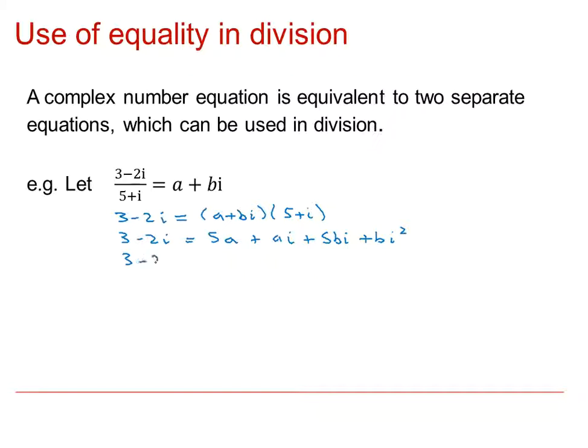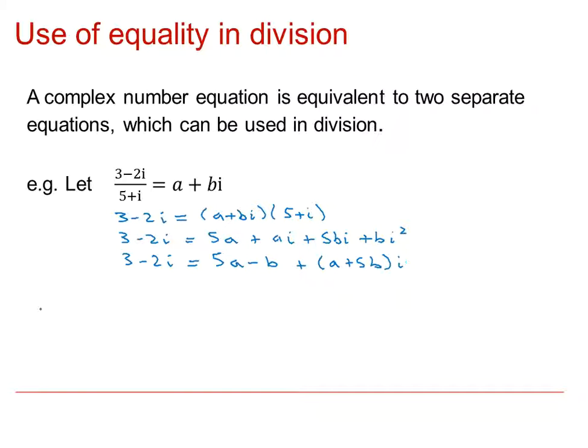So 3 minus 2i is the same as 5a plus ai plus 5bi, and bi squared is the same as b times minus 1, so that's minus b. And if you look at the imaginary part, we can take out i as a common factor.